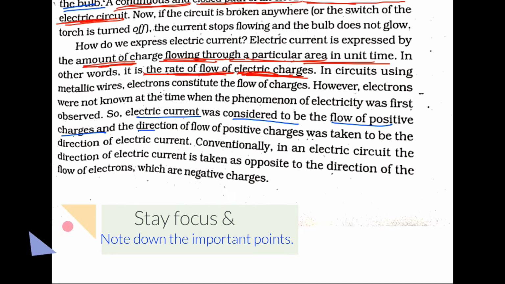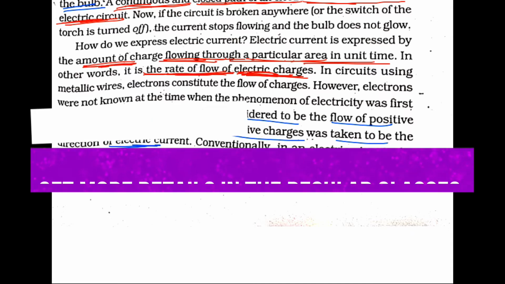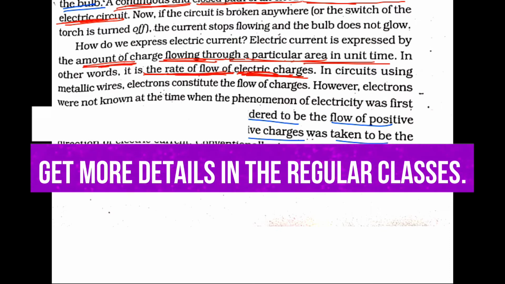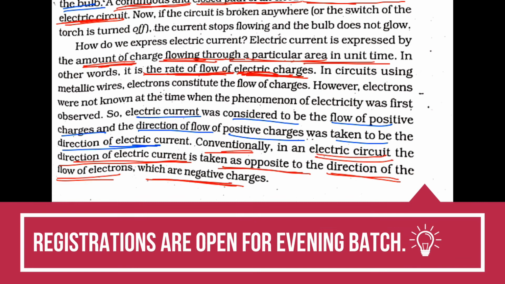Conventionally, in an electric circuit, the direction of electric current is taken as opposite to the direction of flow of electrons, which are negative charges. Very important, this one.